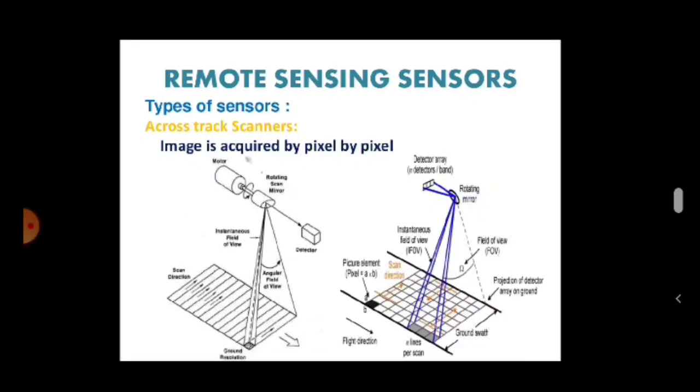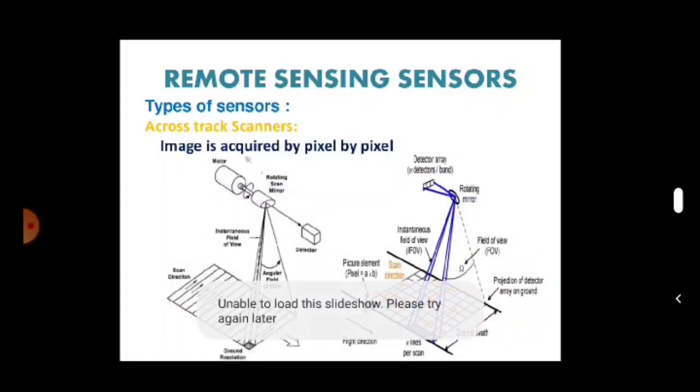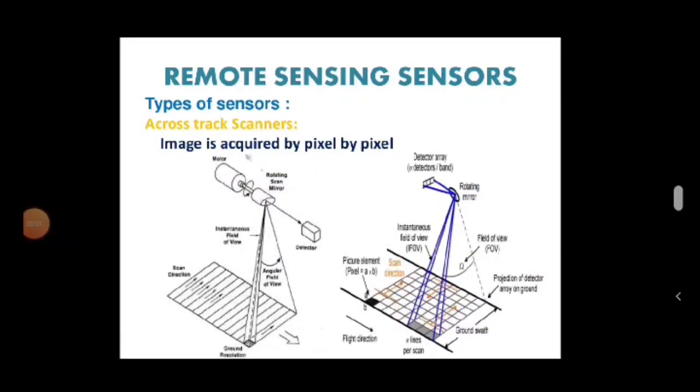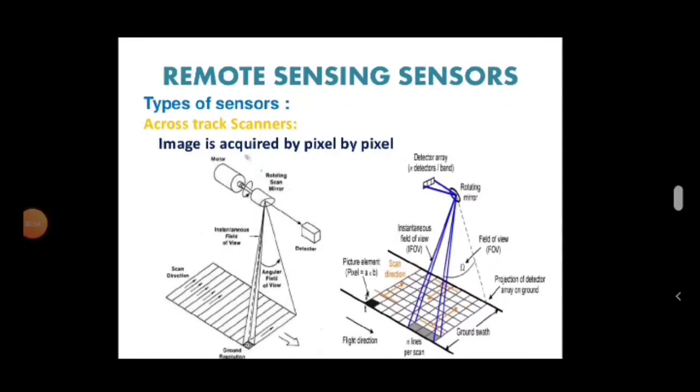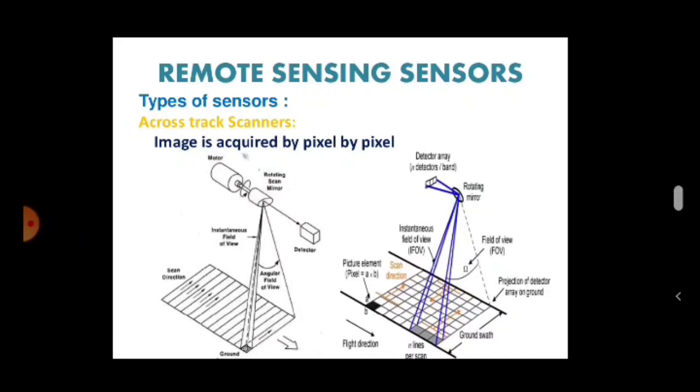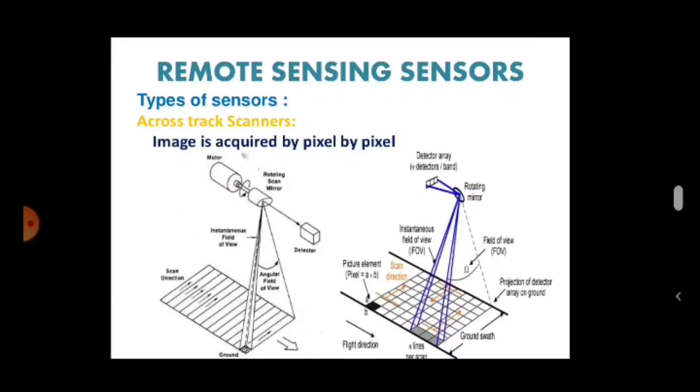And when it comes to advantages of multiple discrete detectors, one is of course simple optics, which is common for all the whisk broom types. But multiple discrete detectors have a uniform detector response over the swath, while a single discrete detector responds over the line.